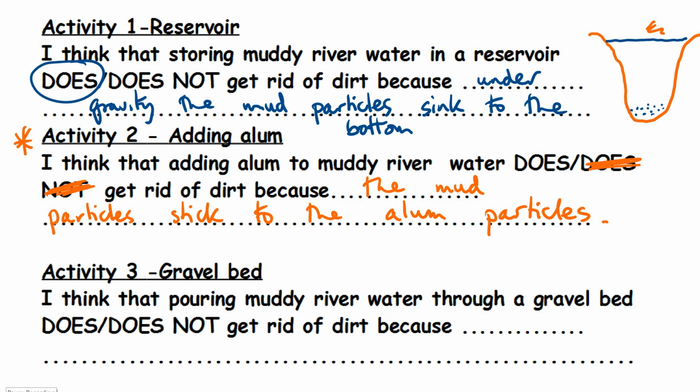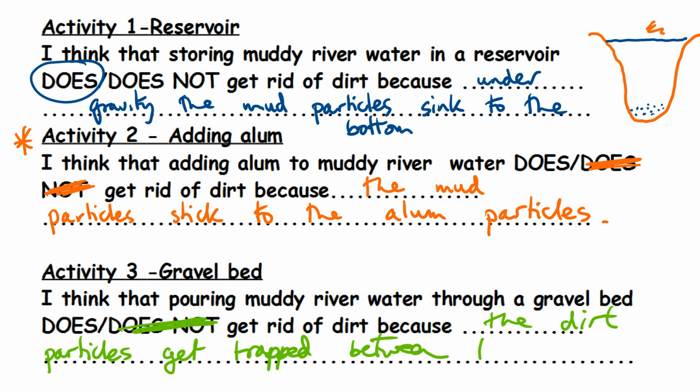I think that pouring muddy river water through the gravel bed does get rid of some of the dirt, because the dirt particles get trapped between the sand and gravel. Okay, now let's go back to activity 2.